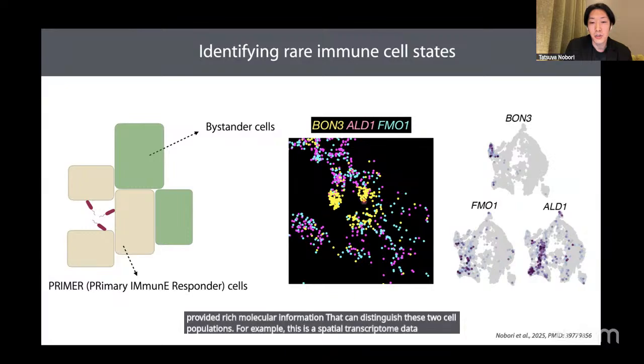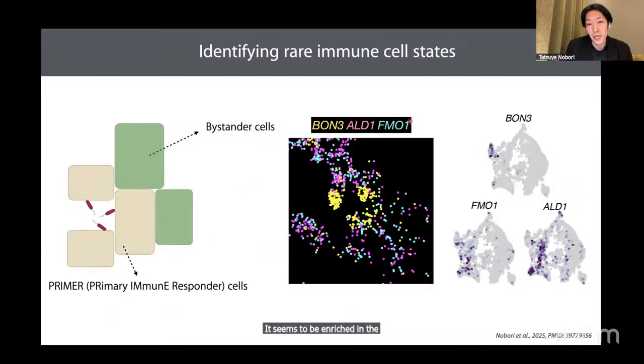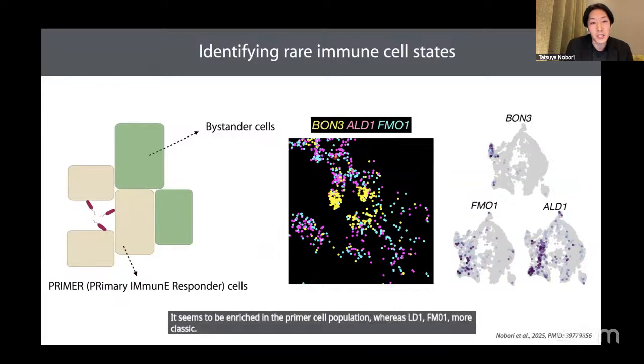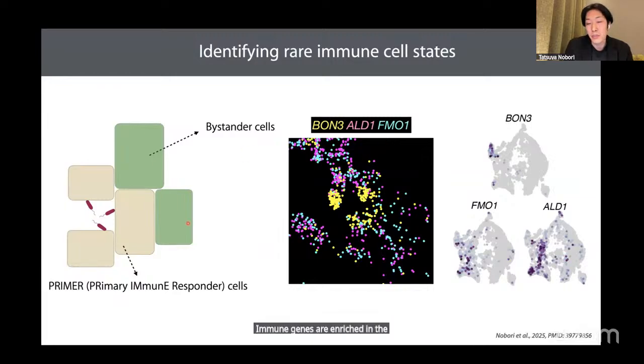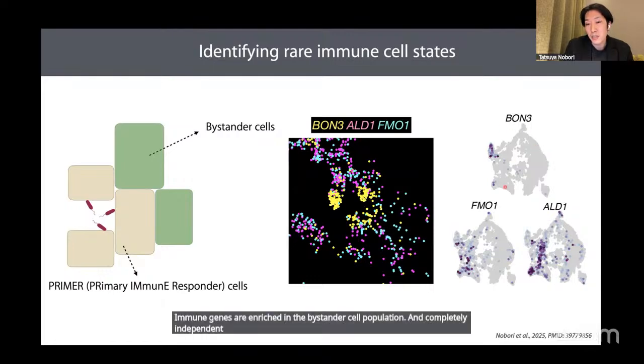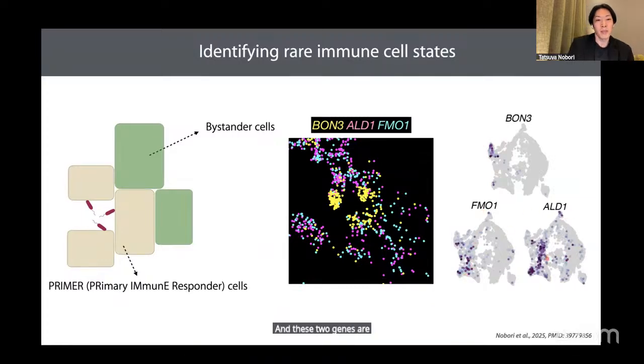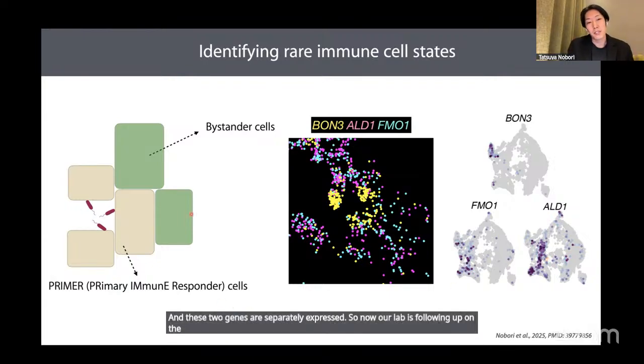You can see the yellow molecules, BON3 gene. It seems to be enriched in the primer cell population, whereas LD1, FMO1, more classic immune genes, are enriched in the bystander cell population. And completely independent single-cell RNA-seq experiments also supported this, so BON3 and these two genes are separately expressed. So now our lab is following up on the actual function of different cell states.